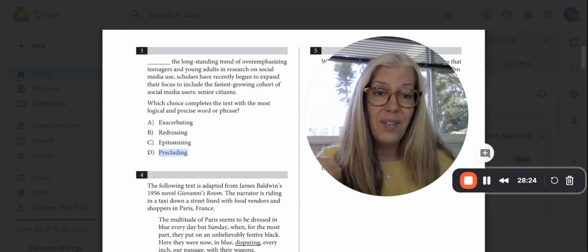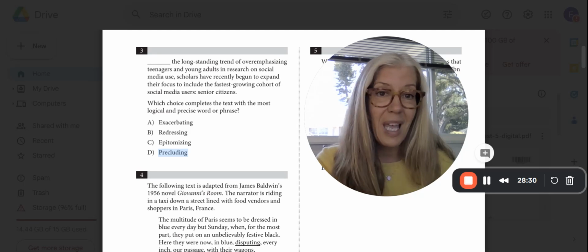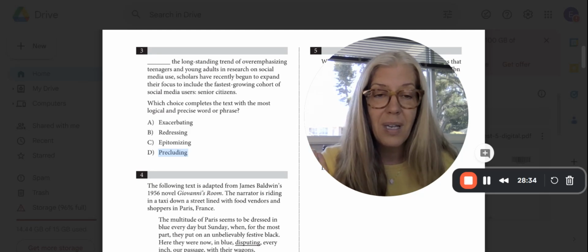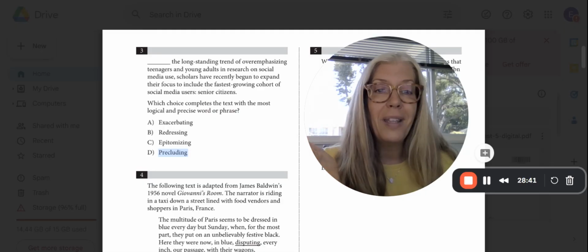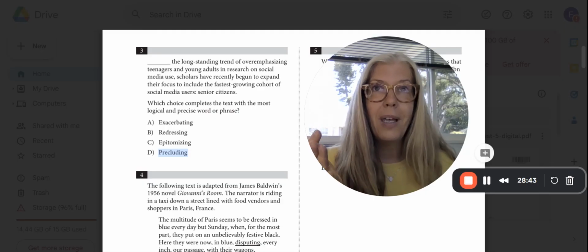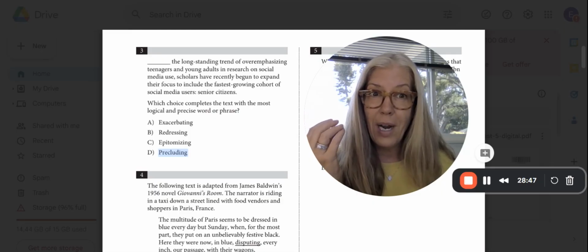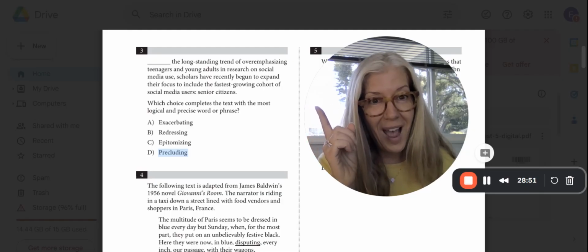Oftentimes that's the game you're going to have to play on the harder section: break it down and see, can I get down to a root or base word that can help me determine the meaning of this word? And if not, then let's really look at prefixes and suffixes. I know we're only at number 3, but once you practice this a little bit, amazingly your brain treats it like a puzzle, and you start coming up with the actual word up there.